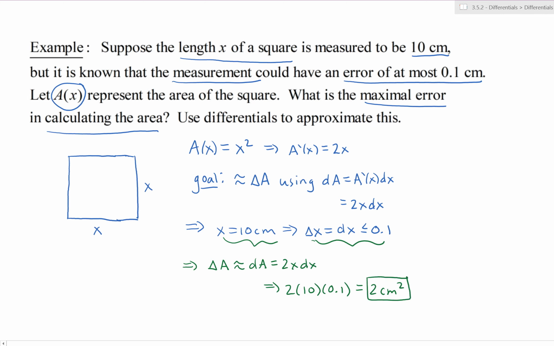So if I have a maximal error of at most 0.1 centimeters in measuring the side of the square, the approximate maximal amount of error associated with calculating the area would be 2 square centimeters.